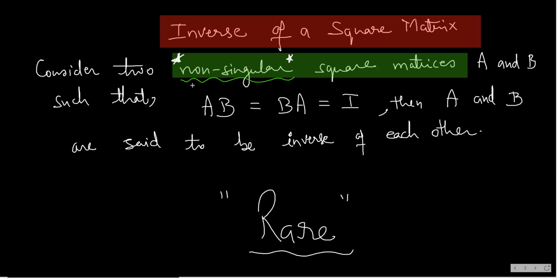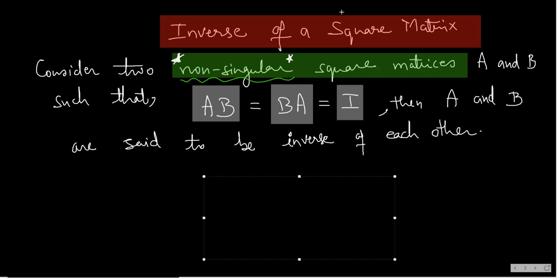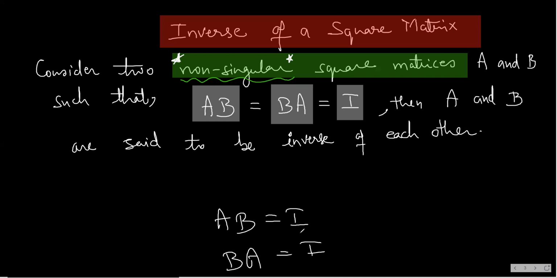That is what is being said: AB equals BA, and both are equal to the identity matrix. A into B equals B into A equals I. That is, AB equals I, BA is also equal to I.